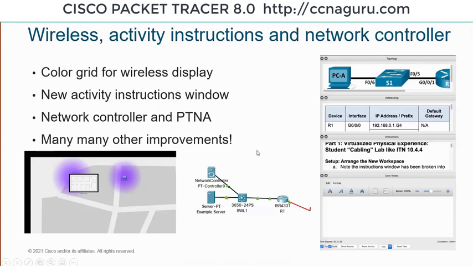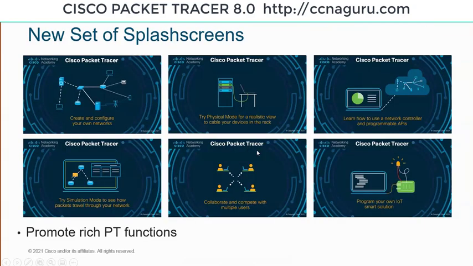Right, so this is briefly what's there, and let's start from the beginning and the most obvious things which changed in PT8. We have a new set of splash screens. Instead of just one picture when the application starts, which used to always be the same, now we have a set of splash screens which vary from one application launch to another, and so far I've seen 6 of them.